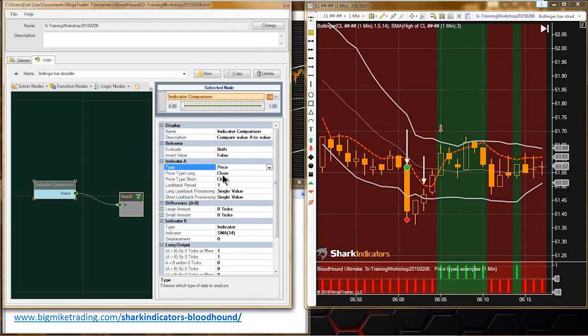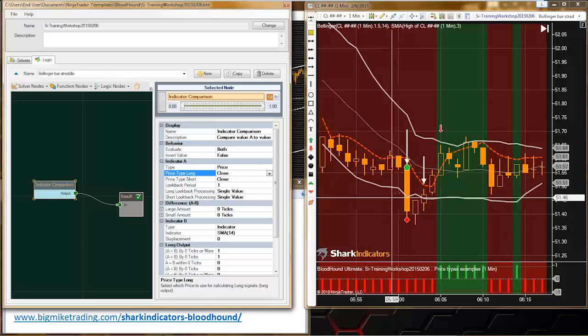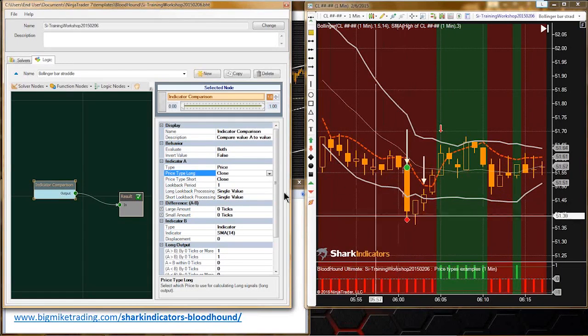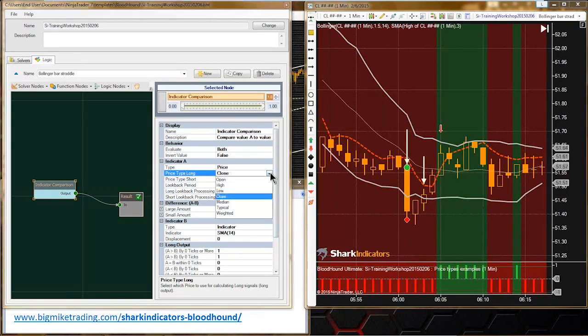So we'll set this to price. I'll set this up as a reversal signal because, with a bar straddling, visually it'll be easier to comprehend.